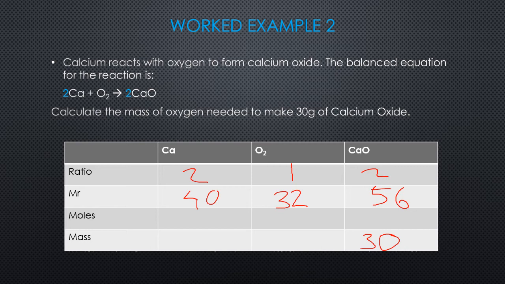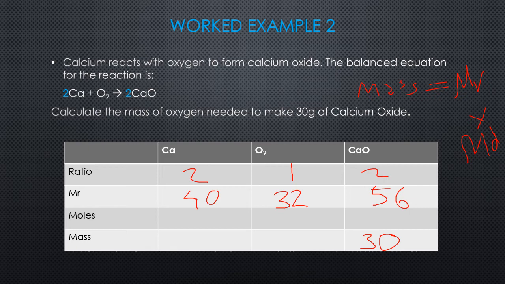Now, what we can work out is the moles of calcium oxide. We've got 56 as the MR and we've got the mass. We can use the calculation of mass equals MR times moles. Sorry for the horrible handwriting. So we've got the MR and we've got the moles, so we've got the mass.